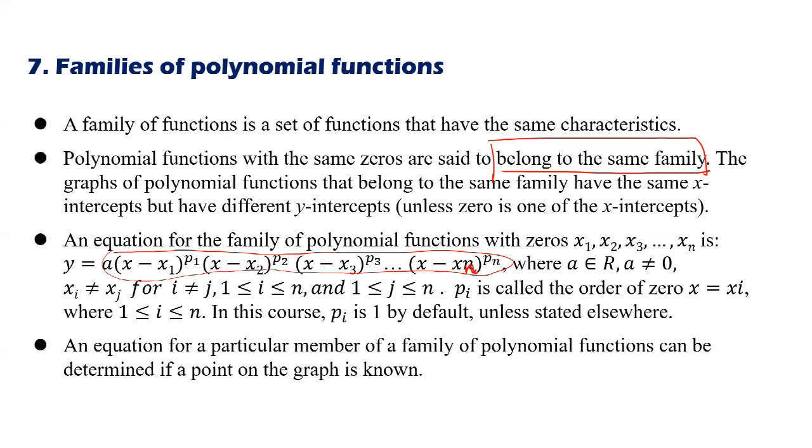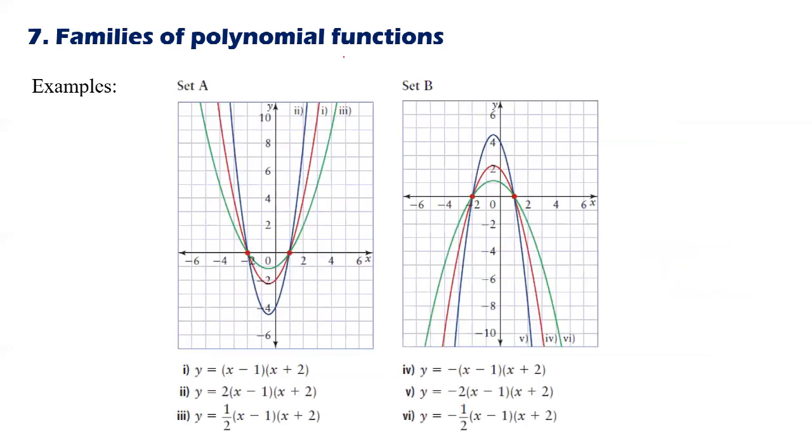I'll show you an example of this. For set A, this is a family of polynomial functions with zeros x equals 1 and x equals -2. As you can see here, all the graphs cross the two zeros, and they might have different y-intercepts.